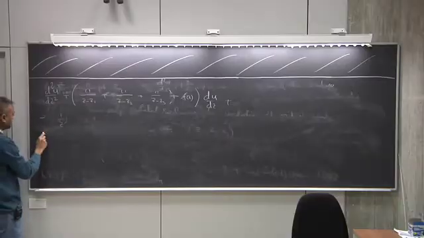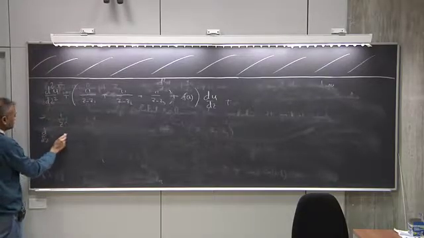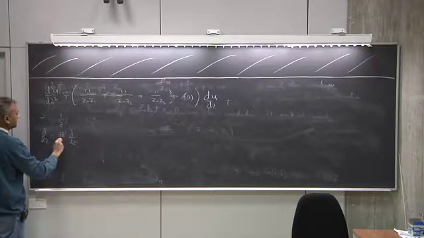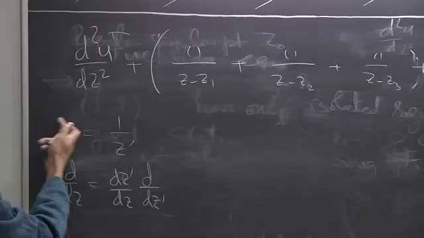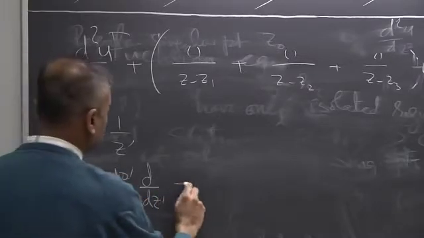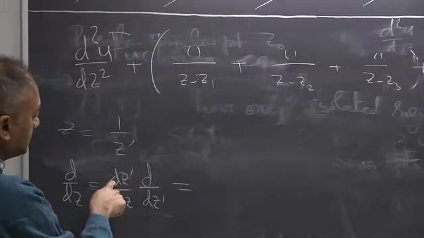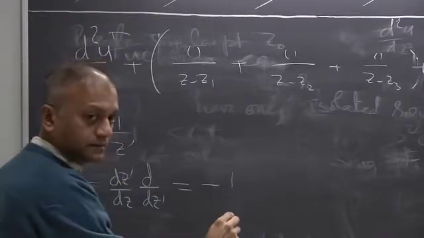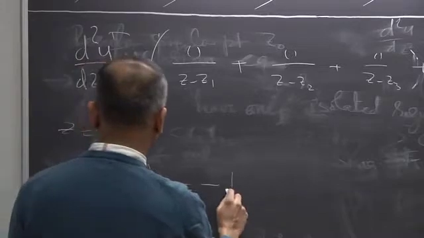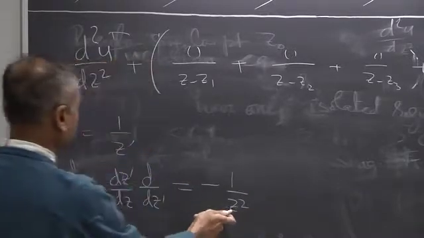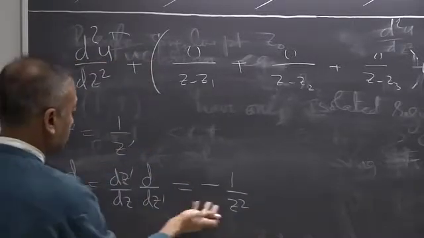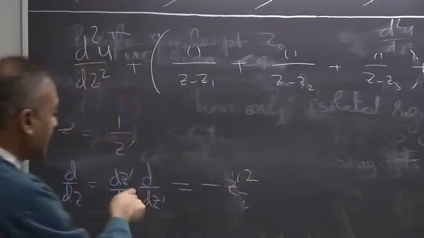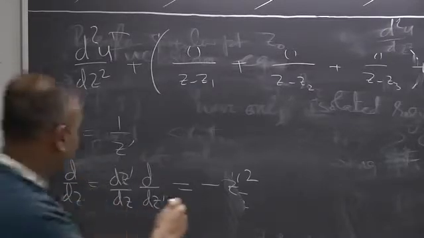In particular, d by dz becomes dz prime over dz times d by dz prime, but z prime is equal to 1 over z, so this gives you minus 1 over z square, which is the same as minus z prime square, because I want to write everything in terms of z prime times d by dz prime.